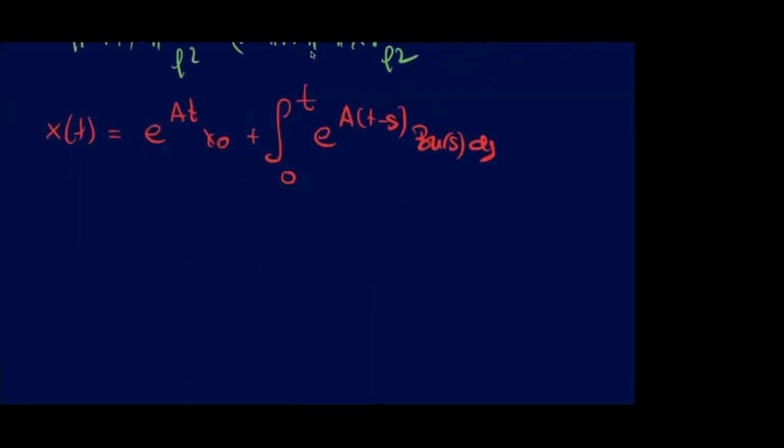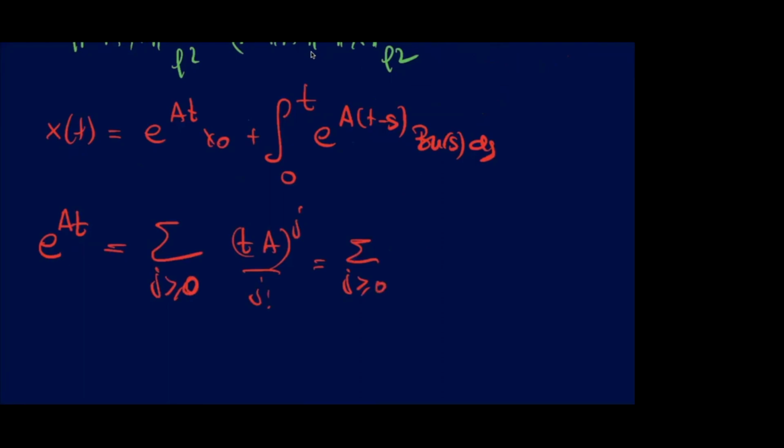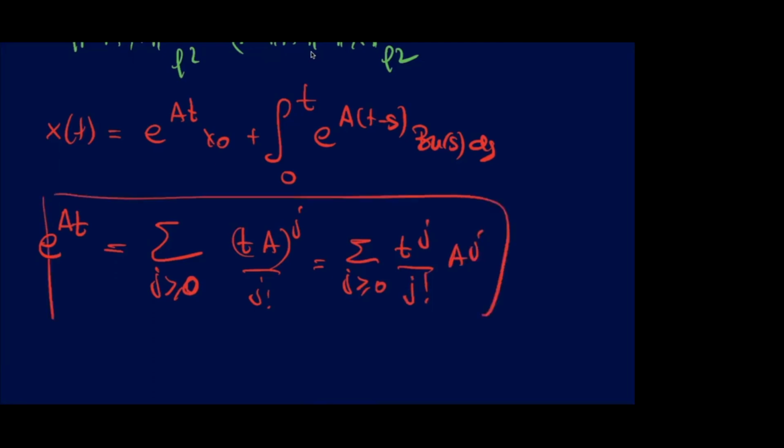And if you ask me what the exponential of At is, well, if A is a bounded operator, At is a bounded operator, and I don't have any problem because this sum, the sum for j greater than or equal to 0 of t to the power j divided by j factorial times A to the power j, converges in norm because of the Weierstrass majoration principle.